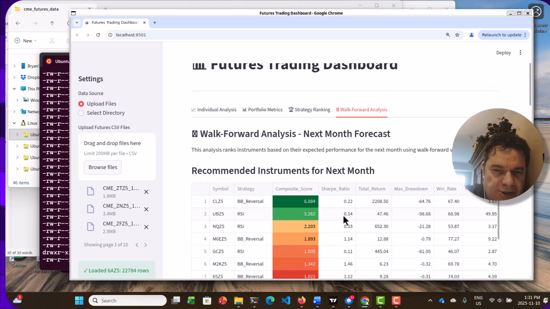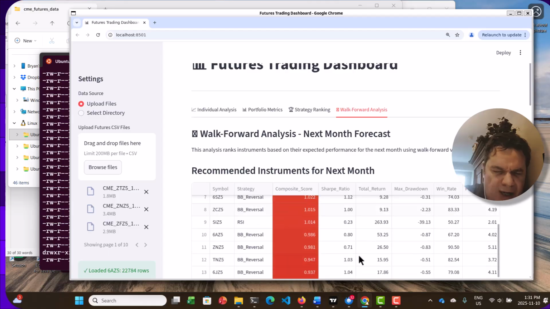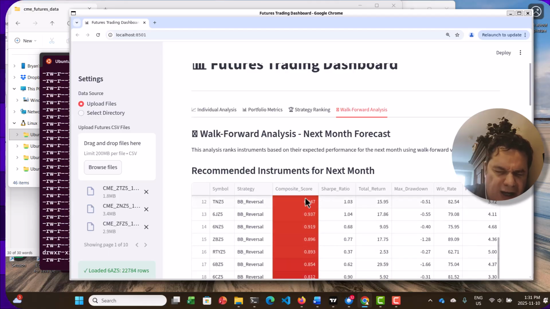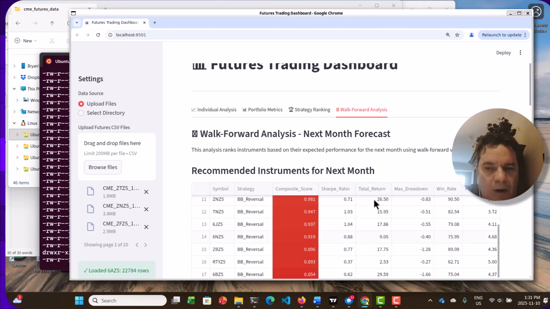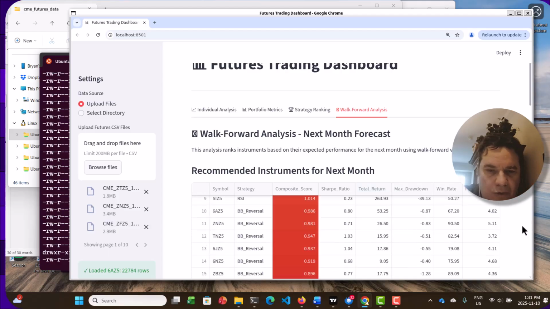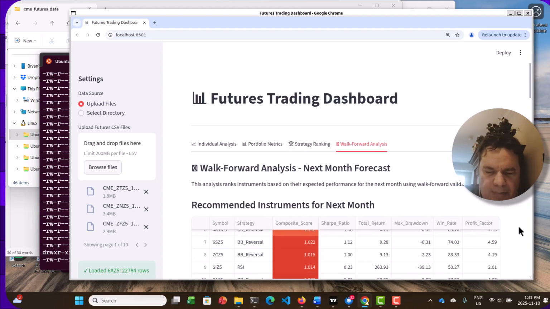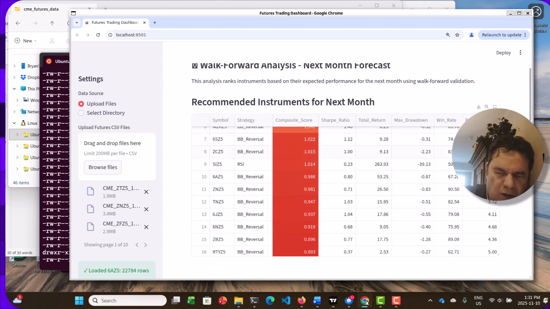Here, as you can see, we can measure out the markets both by composite score that's built around momentum, Sharpe ratio, or total return, based upon obviously the past momentum and what it thinks will be moving forward. Depending upon which you prefer, there's also a profit factor here.